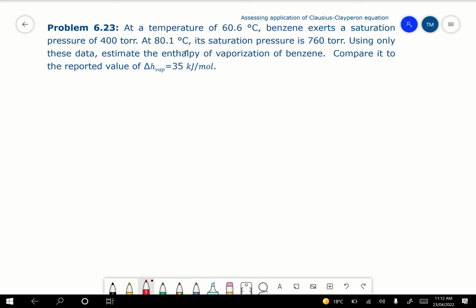T1 is 60.6 degrees Celsius, and we need to convert this into Kelvin.